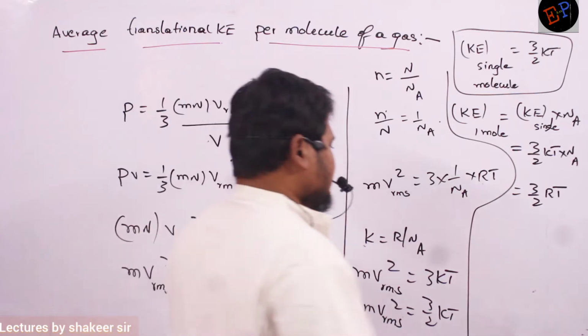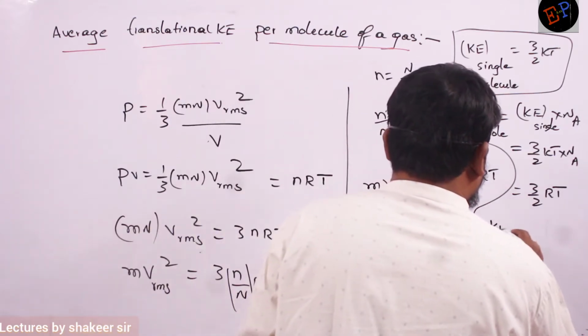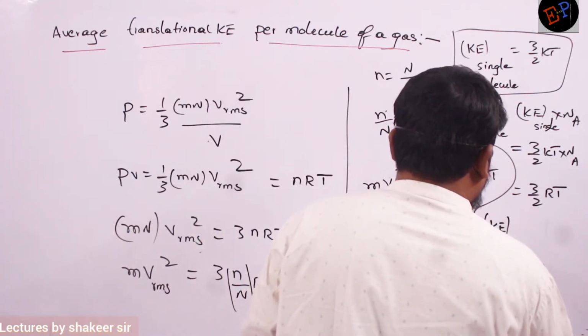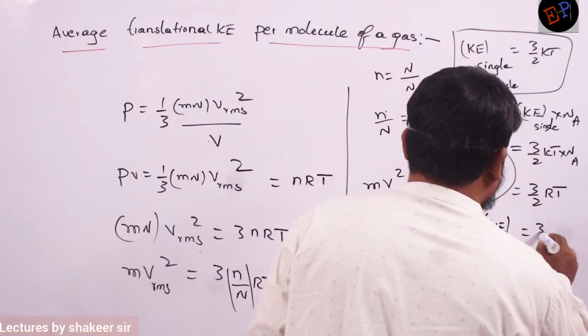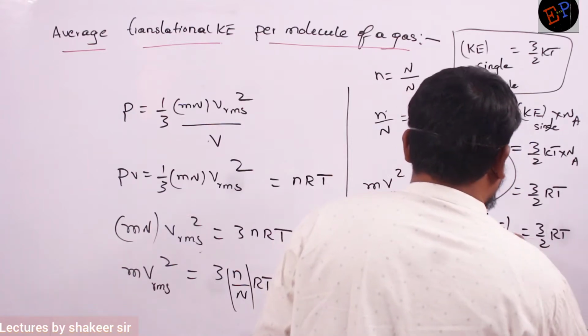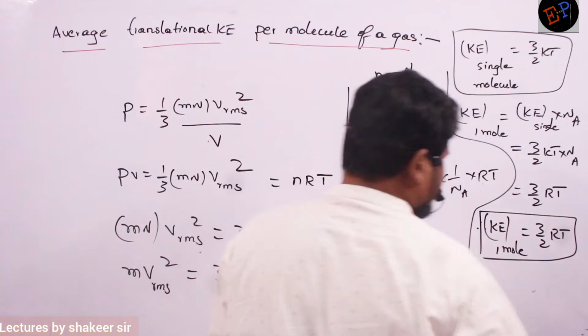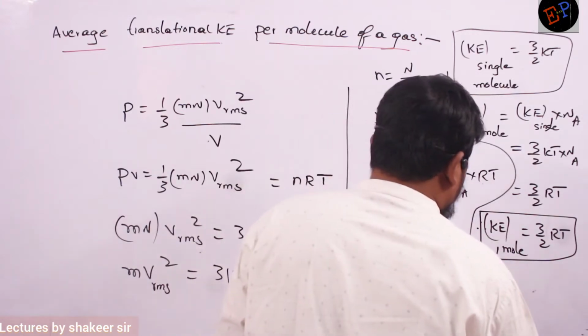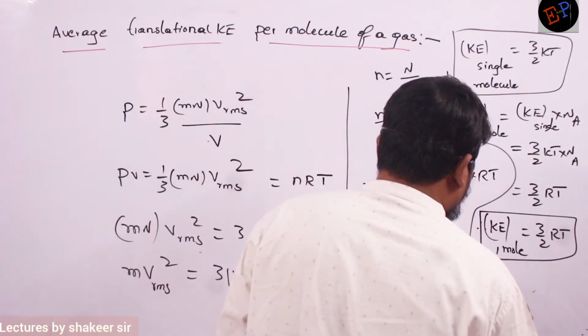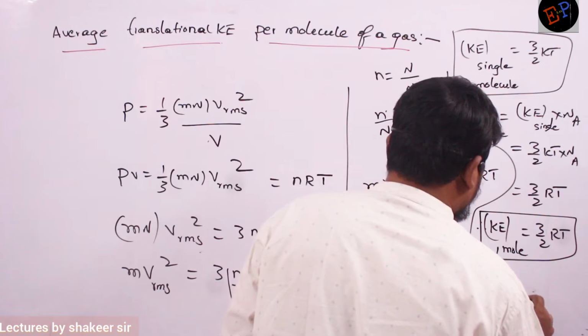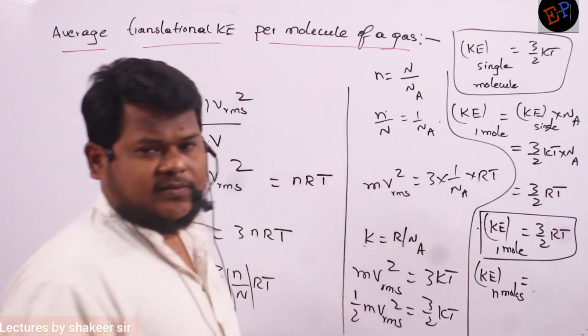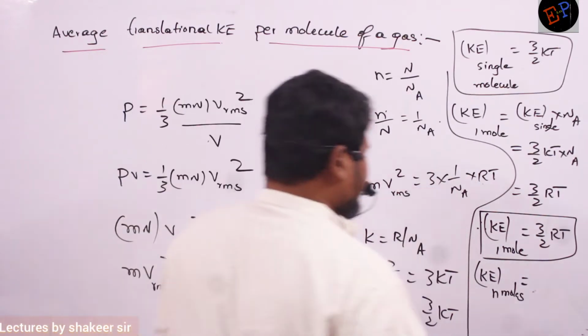So the kinetic energy of 1 mole of molecules is how much? It is 3 by 2 RT. This you should remember. Similarly, if I want to calculate the kinetic energy of n moles of molecules, it is n into 3 by 2 RT.